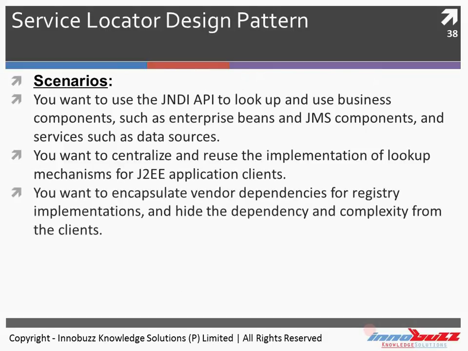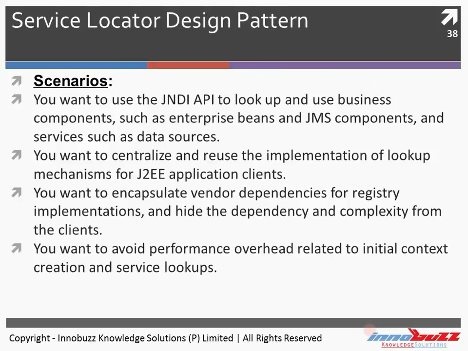So you want to encapsulate the vendor dependency for registry implementation and hide the dependency and complexity from the clients. You want to avoid performance overhead related to initial context creation and service lookups. This is how you get access by using initial context and service lookup. So you also want to avoid the performance overhead of doing these lookups.